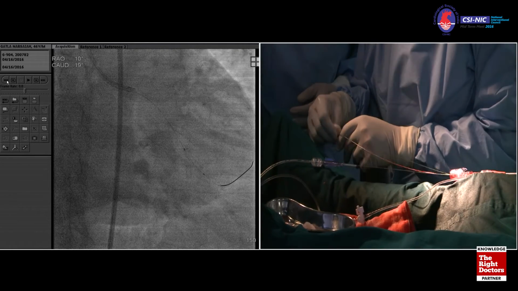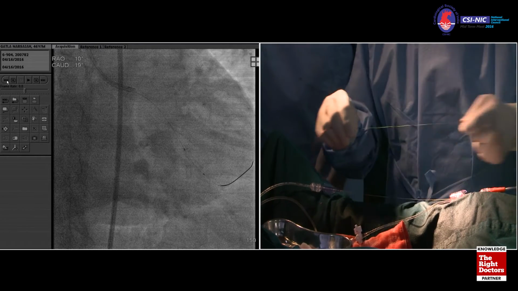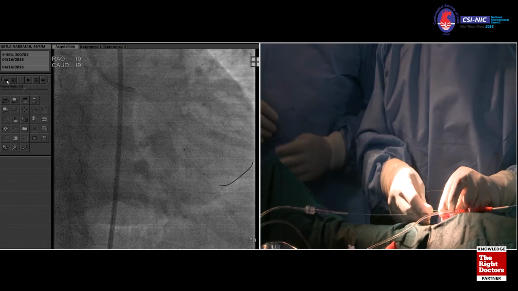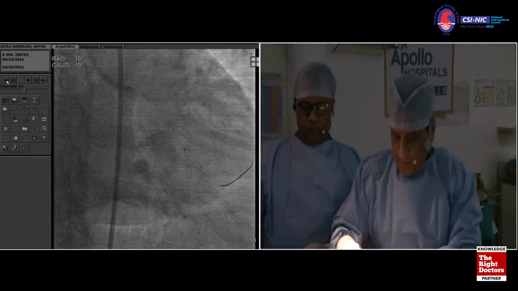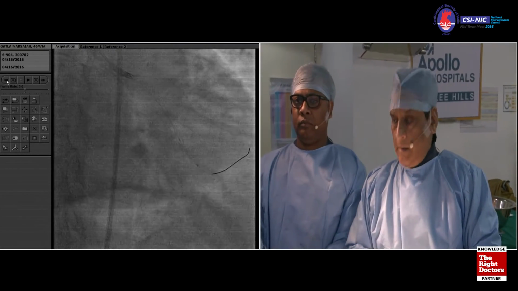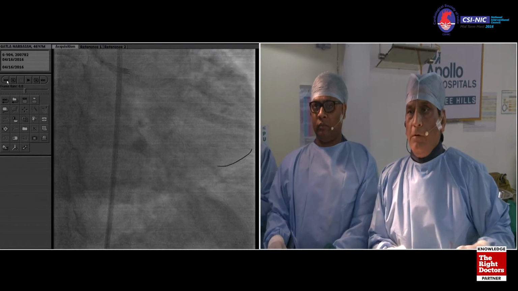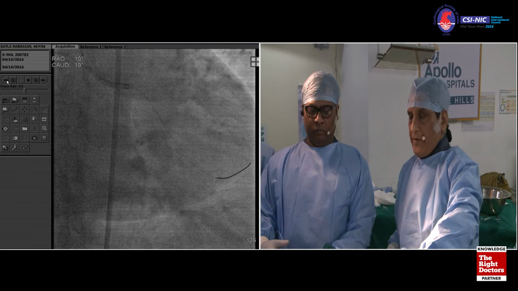Okay, now let's see what we have. Both are, we might end up using the same, like earlier we needed a Fielder wire. So we bring this, everything should look good. Now before we go, I always do just fluoro, and it will tell me how much stent we have crushed.